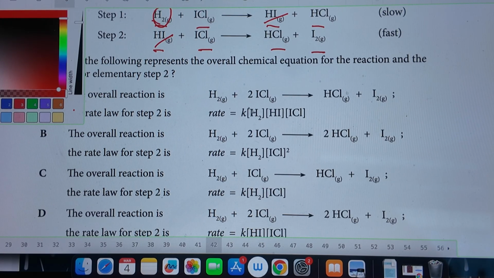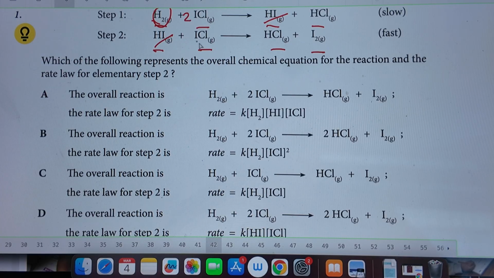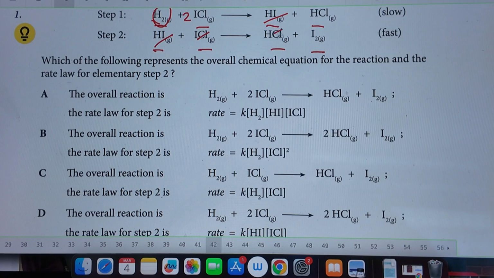plus 2 ICl, because we have this one too, turns into HCl and HCl here, so we'll write 2 HCl plus I2. That's the overall reaction, right?